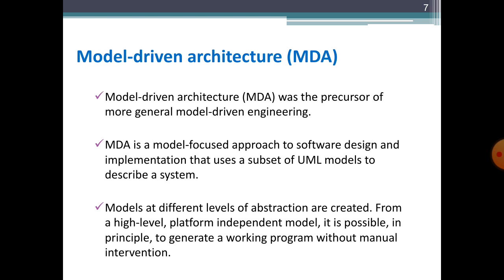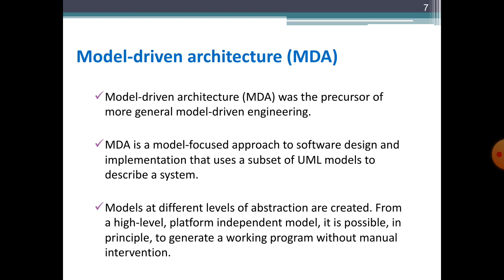As I discussed earlier, model driven engineering and model driven architecture are closely related, but model driven engineering has a wider scope, because model driven architecture only focuses on the design and implementation stages of software development. On the other hand, model driven engineering is concerned with all aspects of the software engineering process, including requirement engineering, development, testing and maintenance. So model driven engineering has a wider scope across the software development life cycle, while model driven architecture has a narrower scope, focusing only on the design and implementation stages.